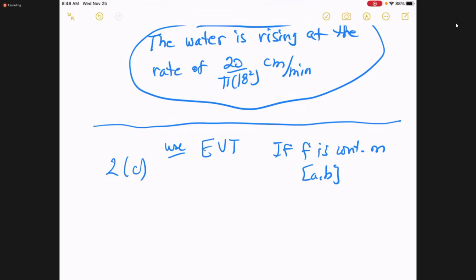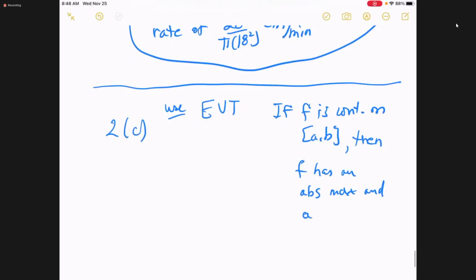this theorem is not true if you don't have the function being continuous and the domain being a closed interval. Okay. Then f has an absolute max and an absolute min on that closed interval, you're guaranteed it.